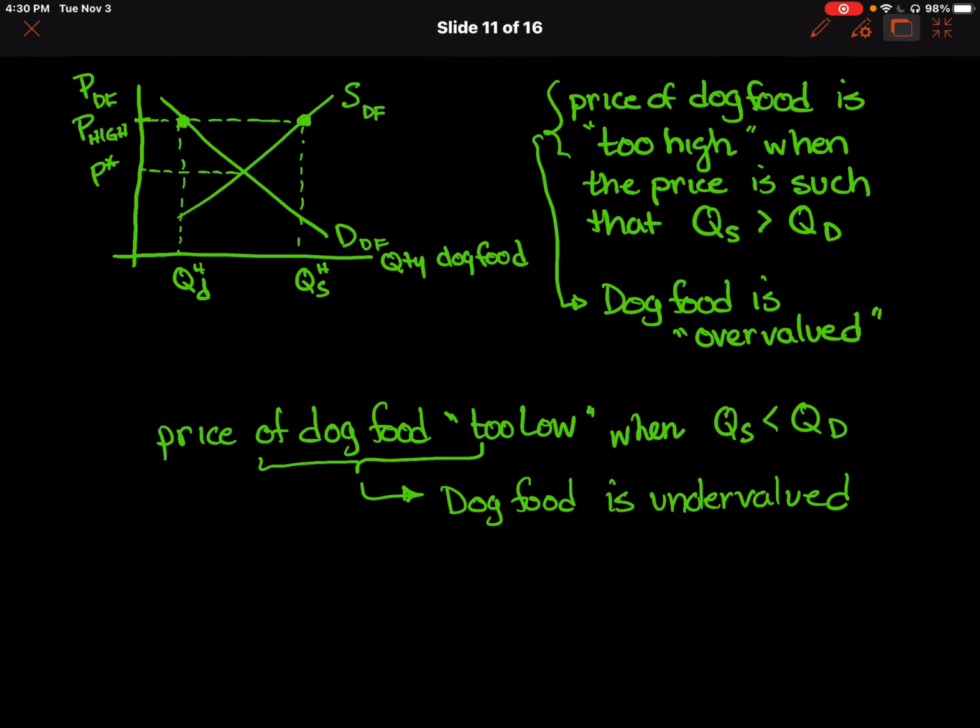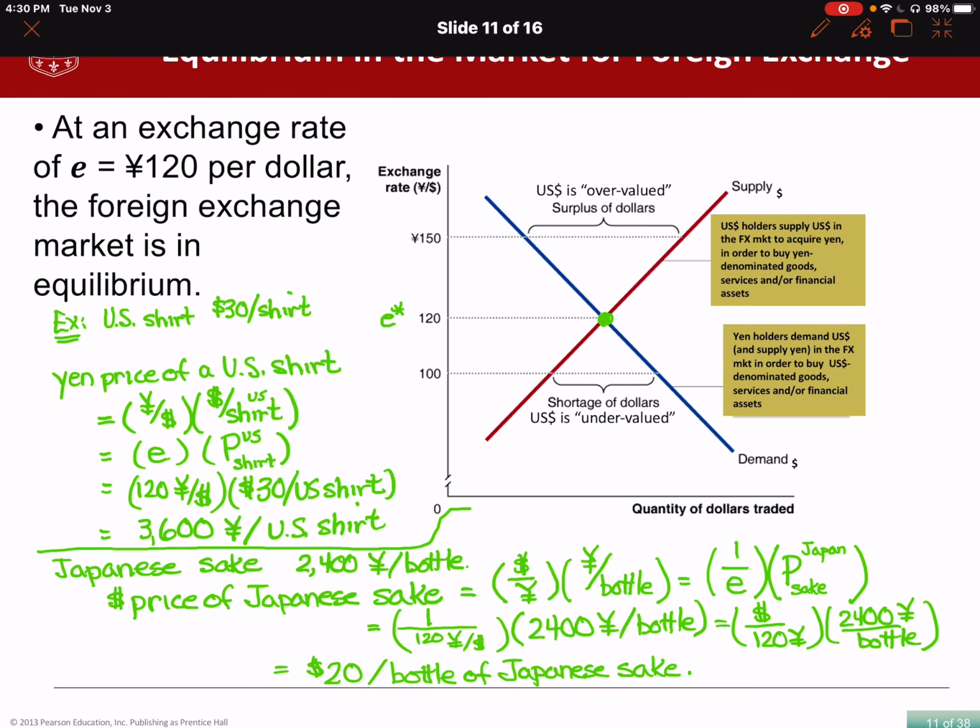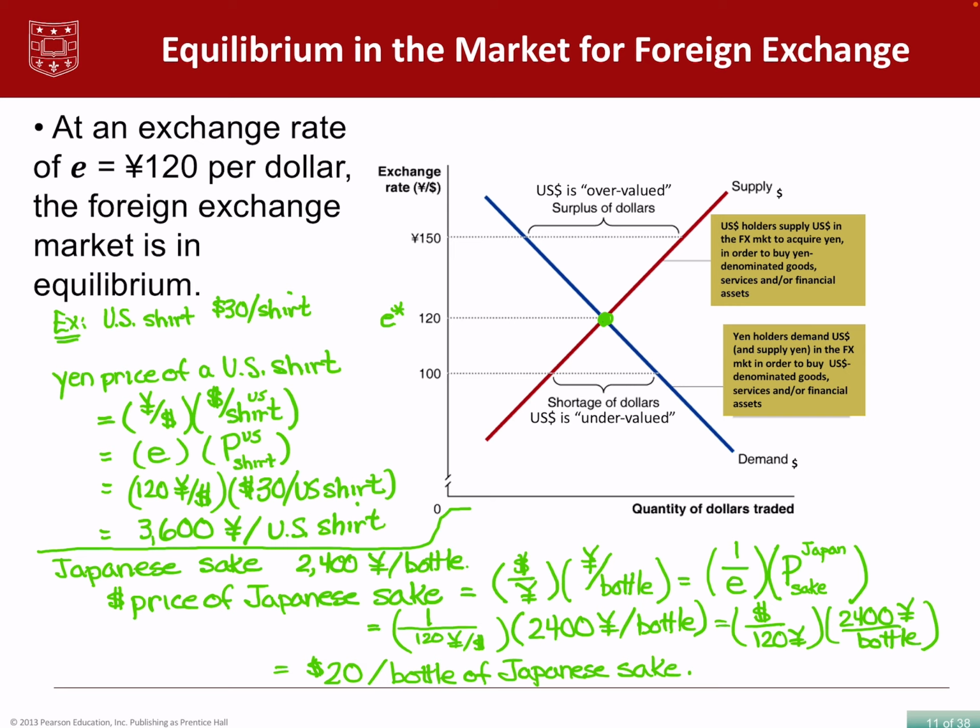Well, that's the same thing that we have now in this marketplace. So in the foreign exchange market, when we have a price, say, of dollars, so again, this exchange rate is just the price of the US dollar.